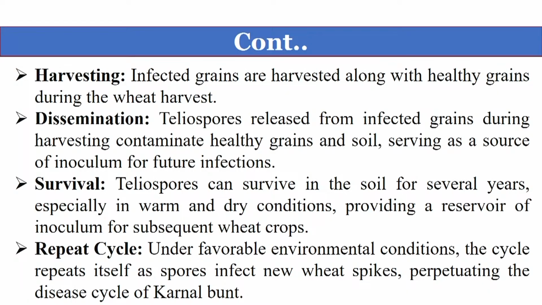The teliospores can survive in the field for several years, especially in warm and dry conditions, providing a reservoir of inoculum for the subsequent wheat crop, and under favorable conditions the cycle repeats itself as spores infect the new wheat spike. That is the disease cycle of kernel bunt.